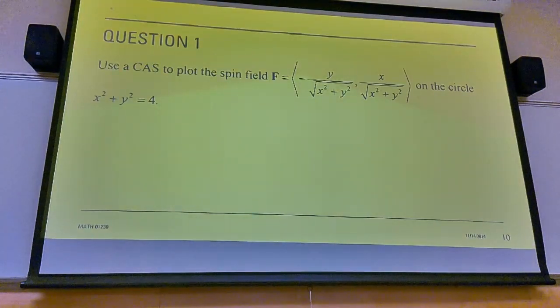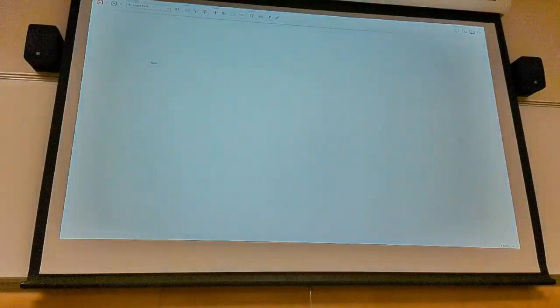So we're going to start by plotting a couple of vector fields. Let's see, I think it's this, right?